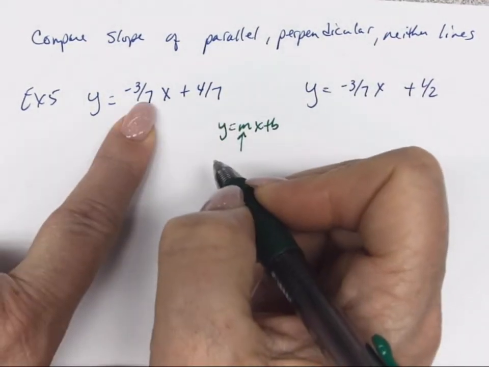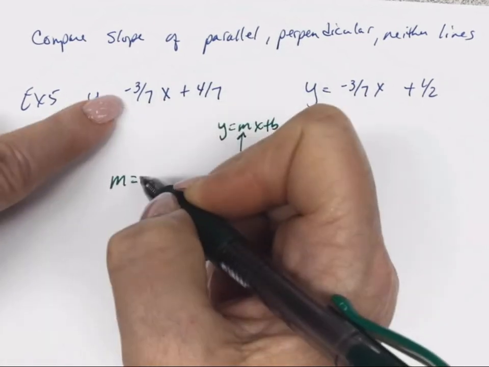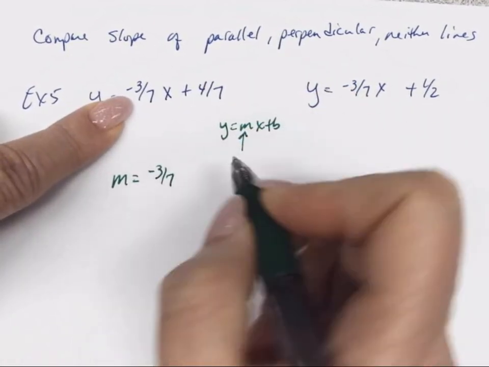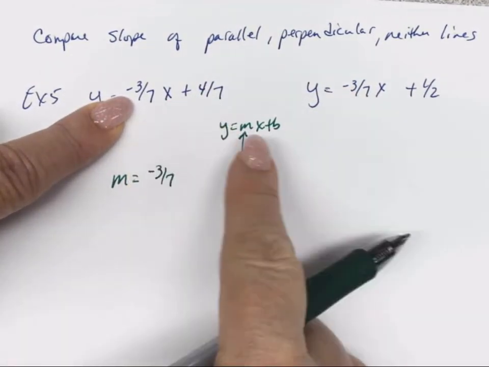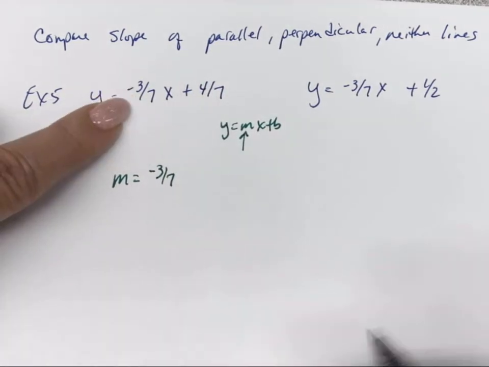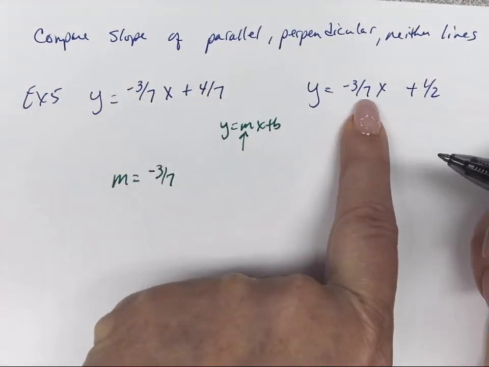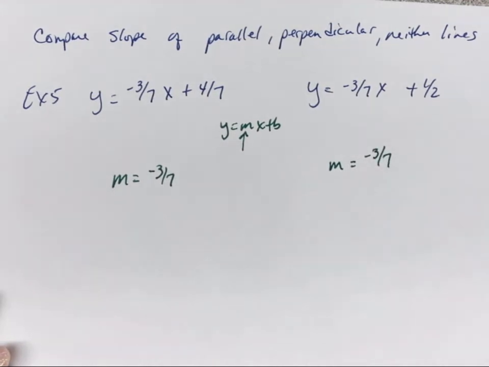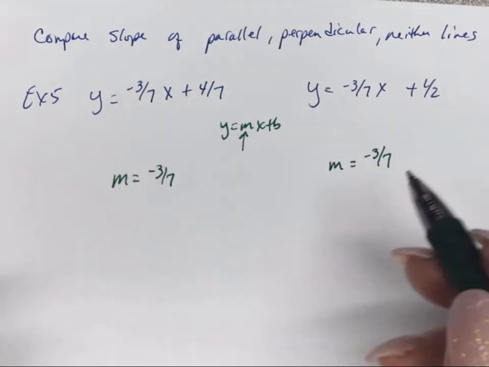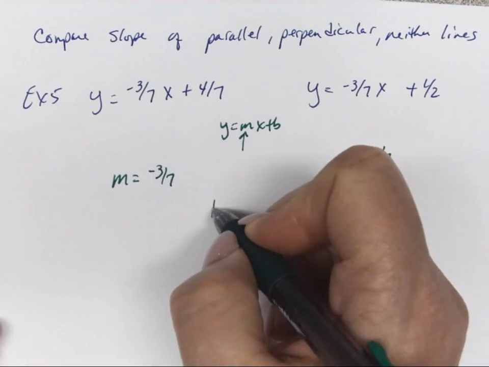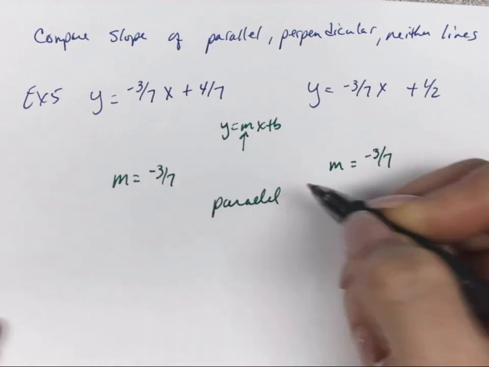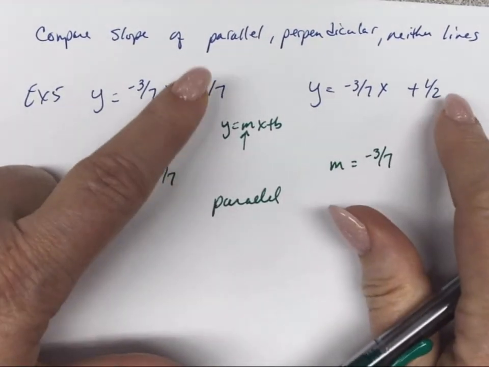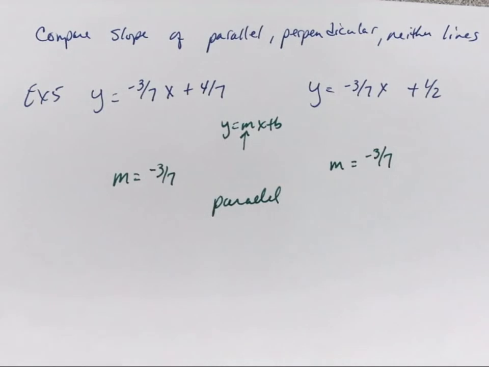It's the number in front of our x, so m here is equal to -3/7. The b does not matter, it's just the slope that we're worried about. Over here, we also have m equal to -3/7. Because they are the same slope, they are parallel. They won't have the same intercept unless they're the exact same line. They'll just be near each other.